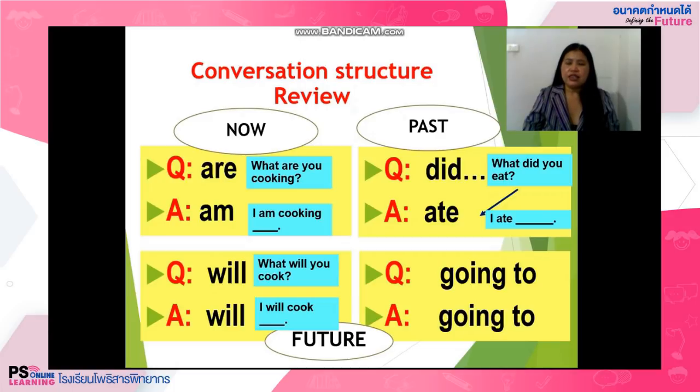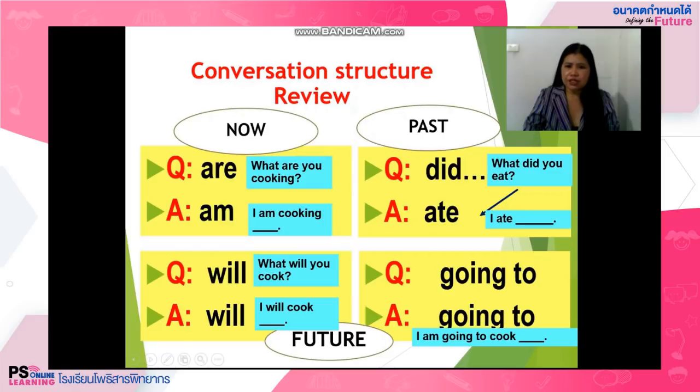No, the next word should be a verb. So it should be going to cook. What are you going to cook? What are you going to play? What are you going to read? The next word after the to should be a verb for this to become future tense.